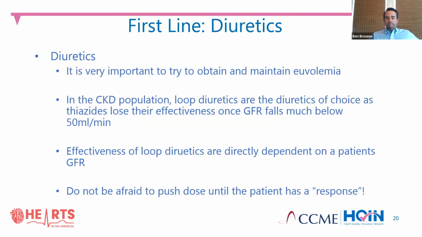All right, so first line, not always thought to be the first line, diuretics, okay? Because it will be near impossible to get your patients at or near goal if you can't get them at or near euvolemia. The way it was described to me when I was a resident by my attending nephrologist is if you picture your blood vessels as a garden hose and you've got a nozzle at the end, and that nozzle is closed, but the spigot's turned on, you can imagine how tight that hose can get.